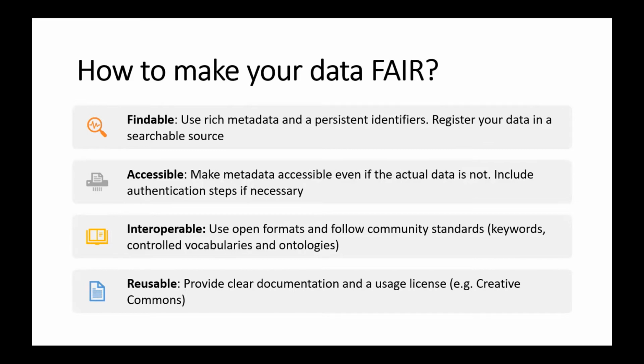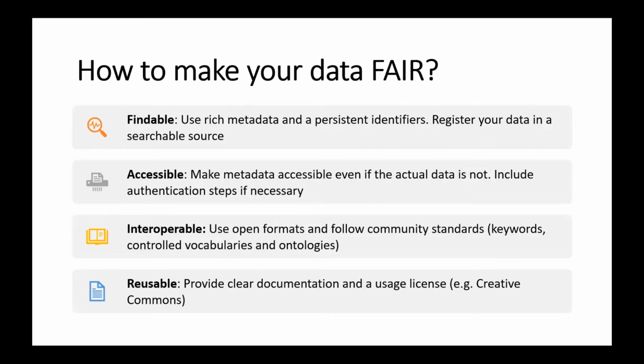And to make it accessible, you should always try to make at least the description of your dataset available, even if the actual data is not. So, of course, all data cannot be shared due to privacy or some other reason, but you should publish at least the description. So this way other researchers will know that such a dataset exists and they can contact you for more information.